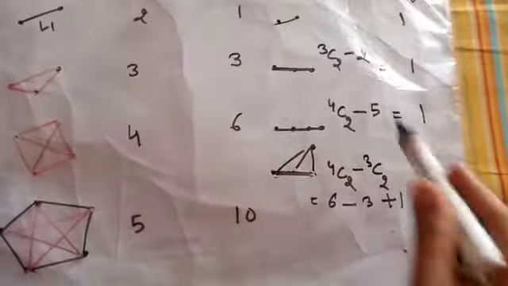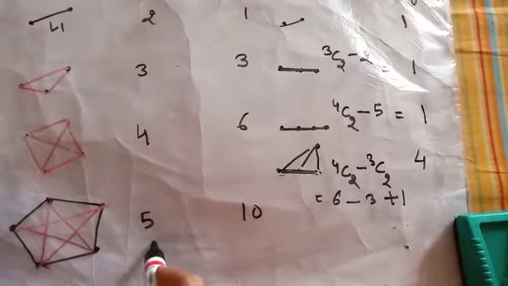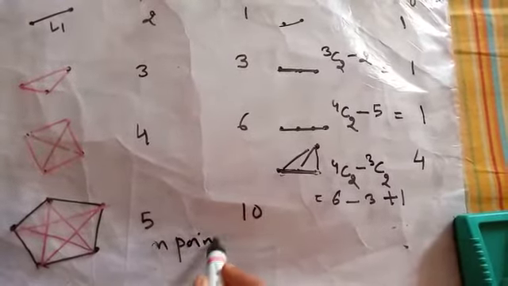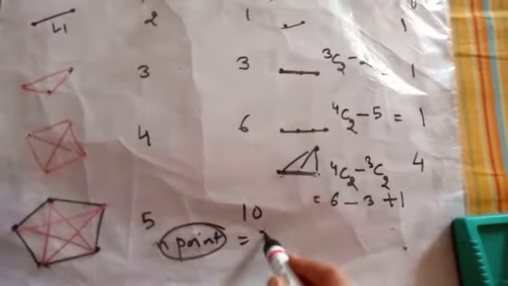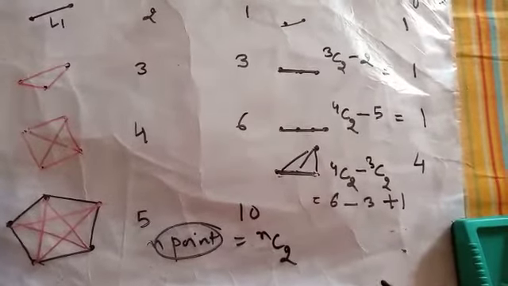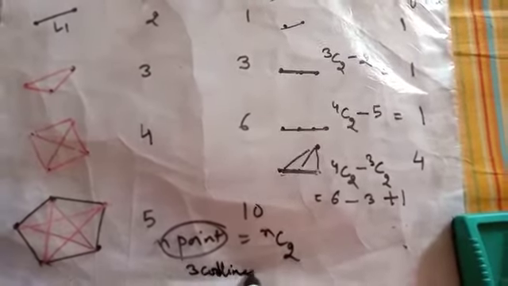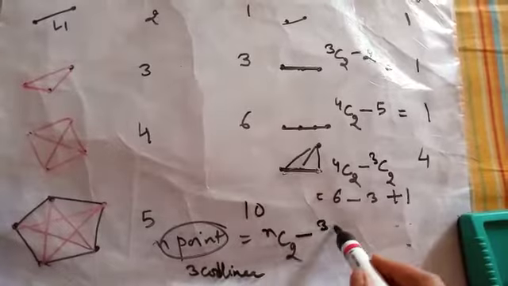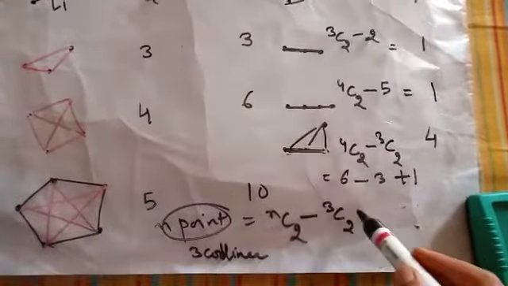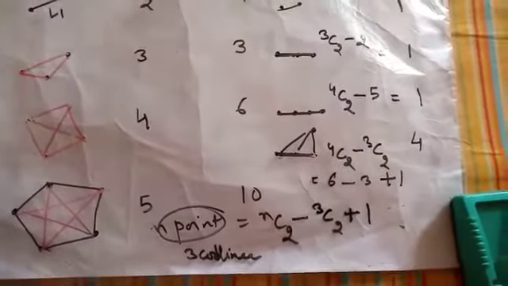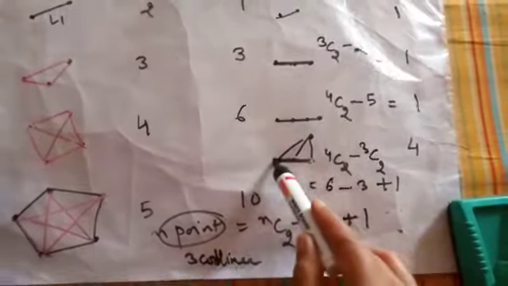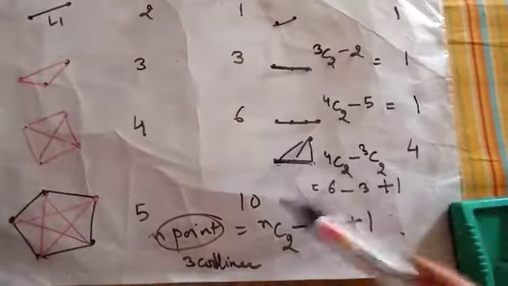So what are we actually trying to do here? If there are n points, then n points make nC2 lines. Now out of them if 3 are collinear, we will subtract those collinear lines. So 3C2, but those collinear lines together make one extra line. Like here you can see one line is formed, here one line, so plus 1.